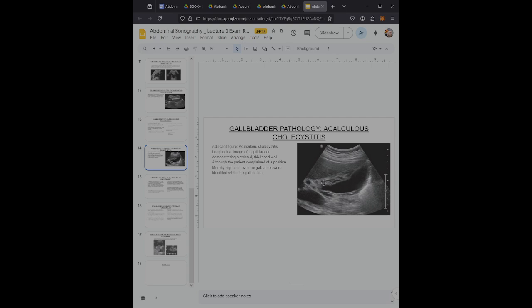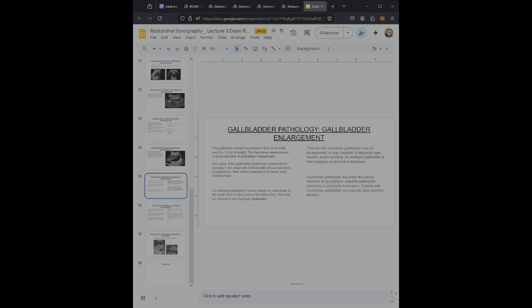Here we can see a striated thickened wall of the gallbladder. And there was a positive Murphy sign and fever. No gallstones were identified. We can move on to gallbladder enlargement.